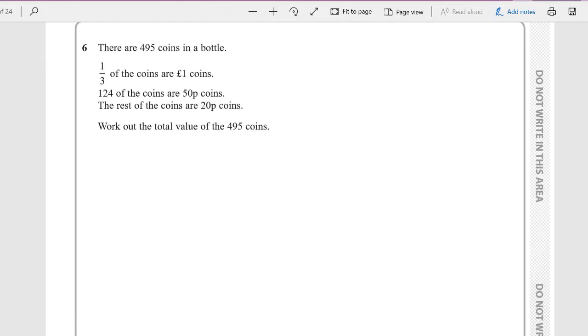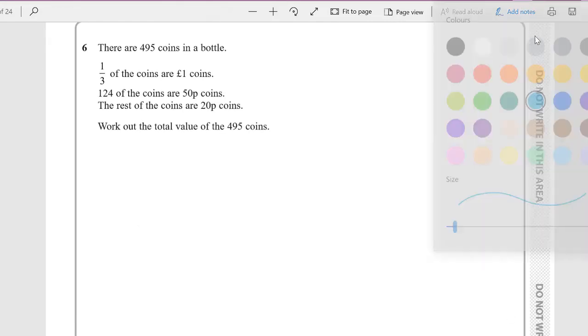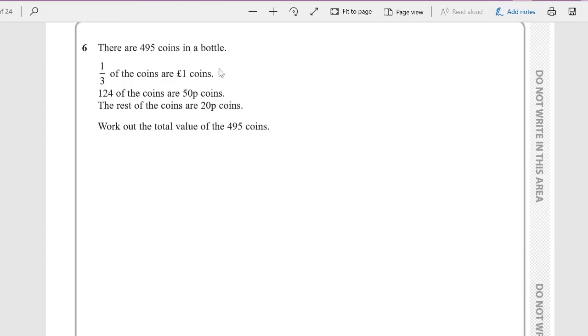So question 6 is a different color. It says there are 495 coins in a bottle. A third of the coins are £1 coins. 124 of the coins are 50p coins, and the rest of the coins are 20p. So work out the total value of the 495 coins. So I'm just going to do something I've recommended before. Just highlight the information that we have.